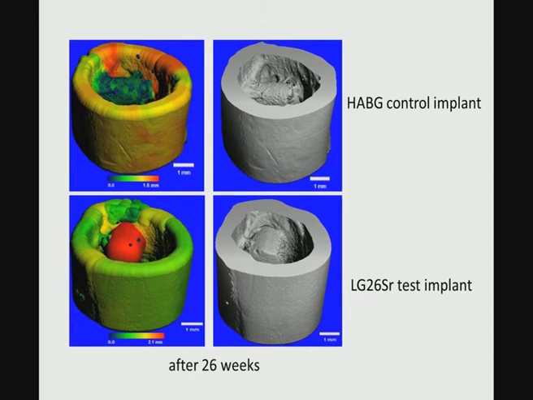Now, if you look at this particular case, almost all of the implant, which is cylindrical in shape, is covered with thick tissue around it, and this thick tissue typically has a thickness somewhere around 2 millimeter.